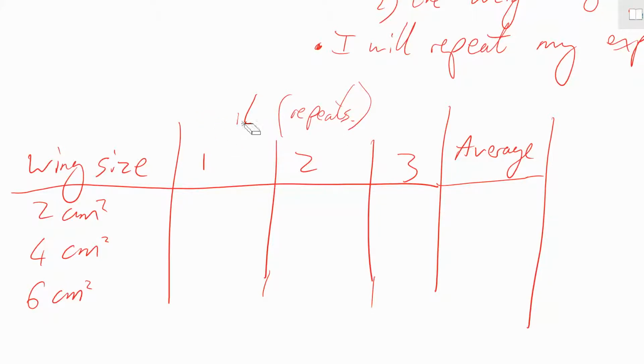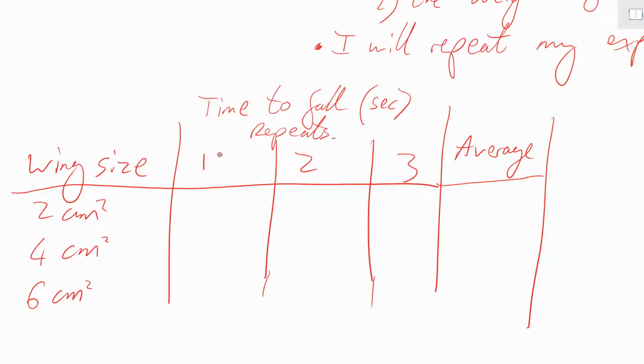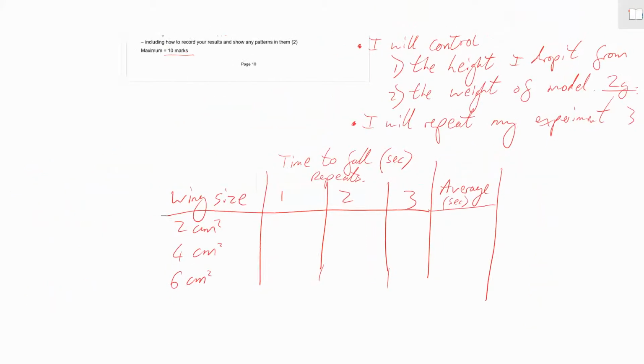And this should actually be time to fall, and these are going to be measured in seconds, and these are the repeats, 1, 2, and 3, and then my average also measured in seconds. So that's what my table would look like.